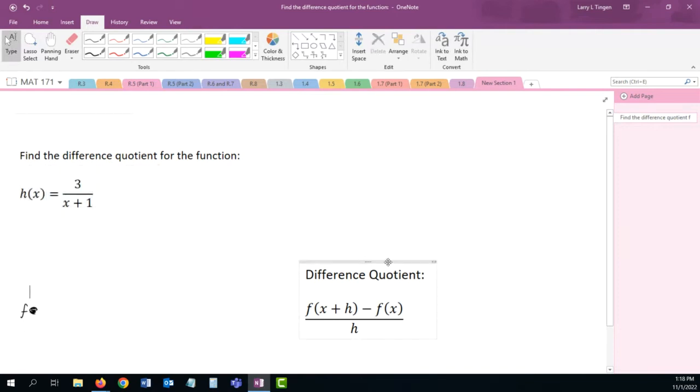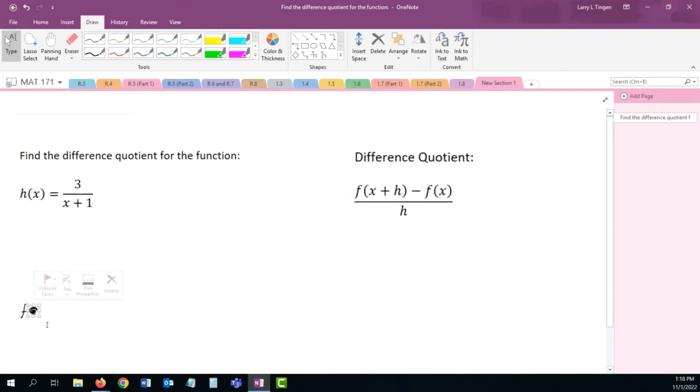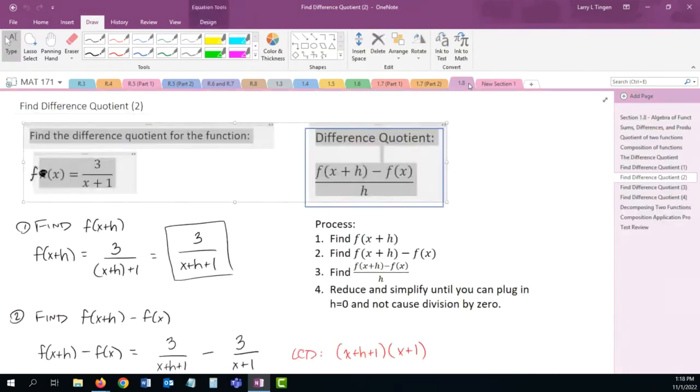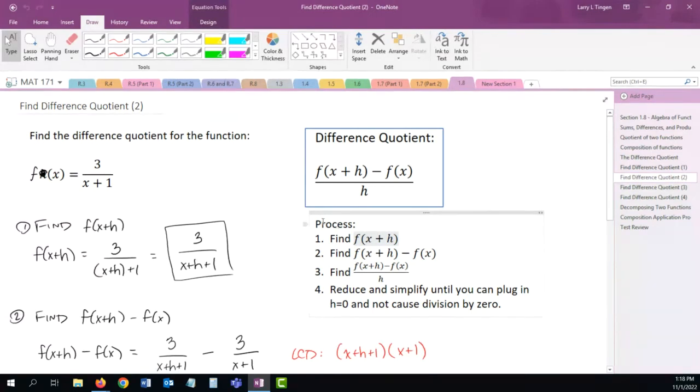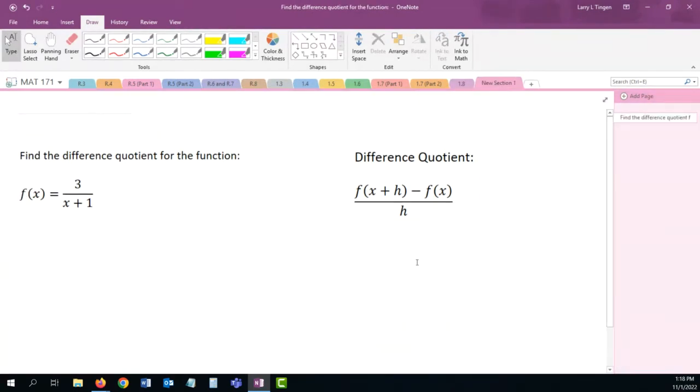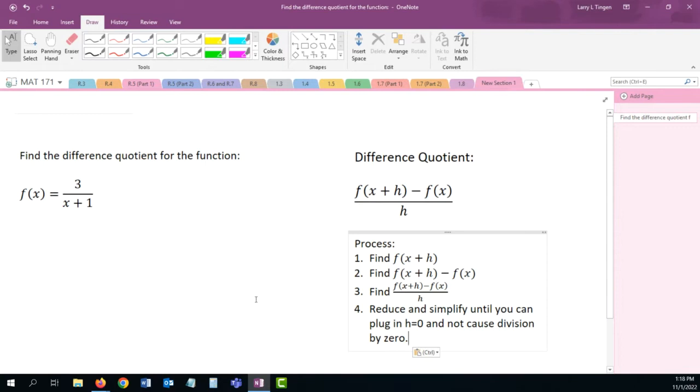So here's the problem. I retitled this example f of x, and the reason for that is there's an h as part of the difference quotient. So let's grab the process and let's walk through one of these together, and then we will see how everybody feels.